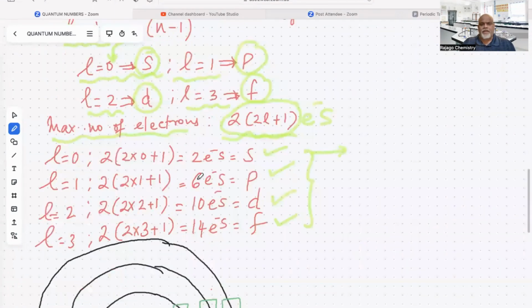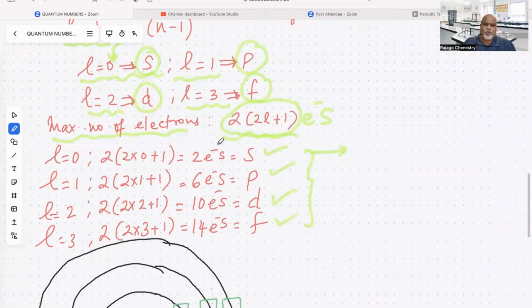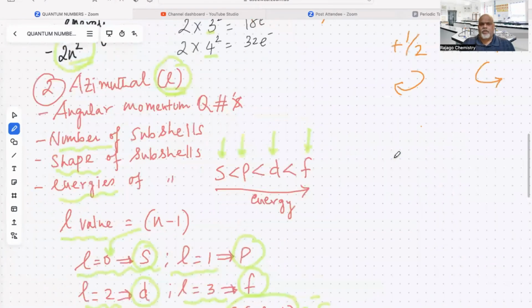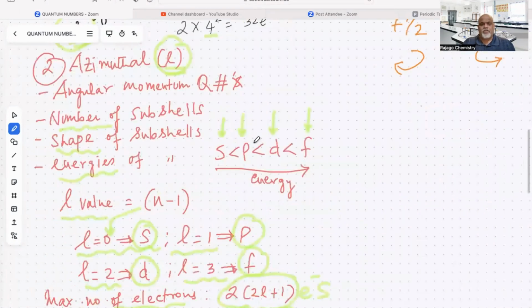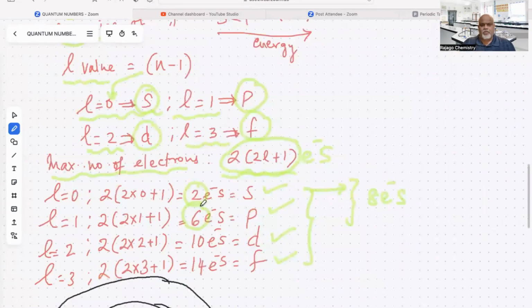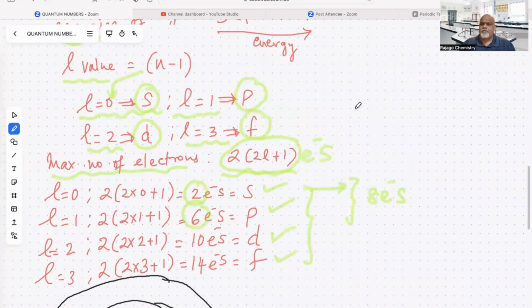So in the second shell, you will have both S and P, which together give 8 electrons. The third one, you have 18 electrons. If I add these, 2, 6 plus 10, you will get 18. So the third one will have S, P, and D subshells.